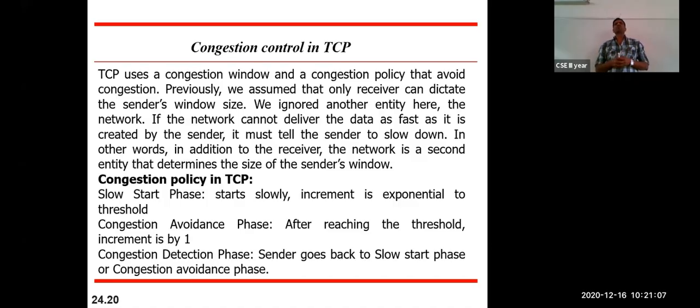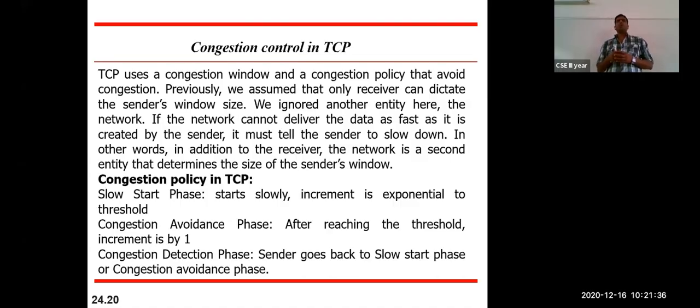No. So we should now only talk about congestion control, especially in TCP. So we are now talking about congestion control when transmission control protocol is being used. Again, one more important topic for your examination. Done? Right. So TCP uses a congestion window and a congestion policy that avoids congestion.